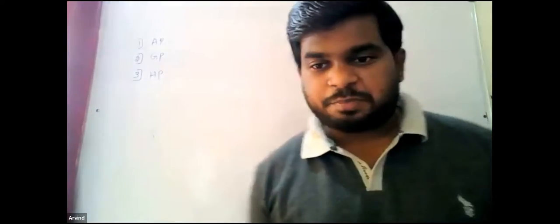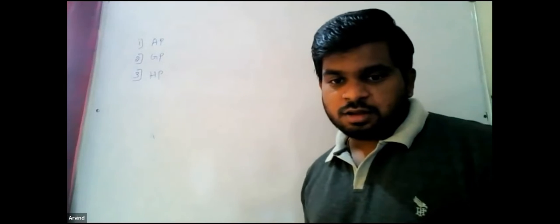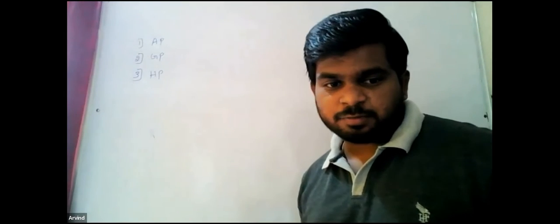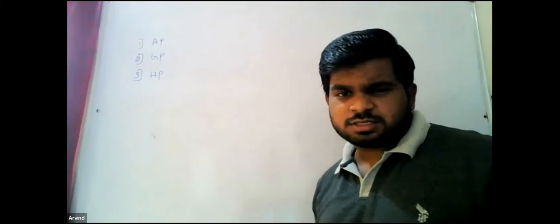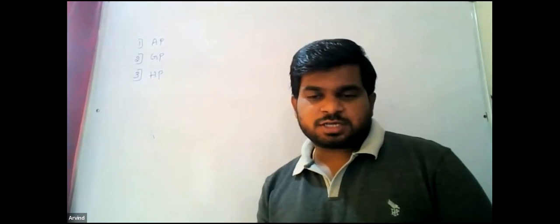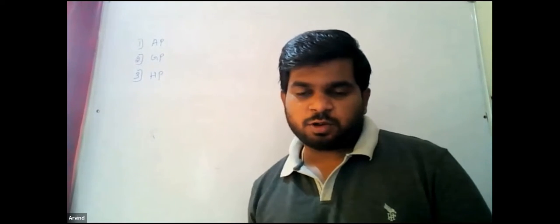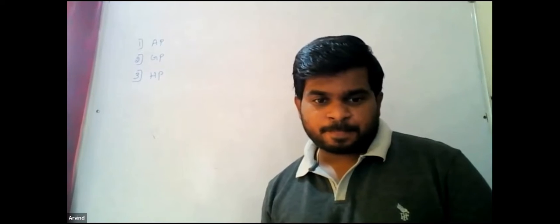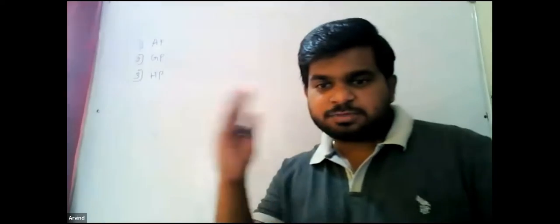Okay, what do you mean by arithmetic progression? How do you identify it? Common difference. You should have a common difference when you subtract a term and its preceding term.